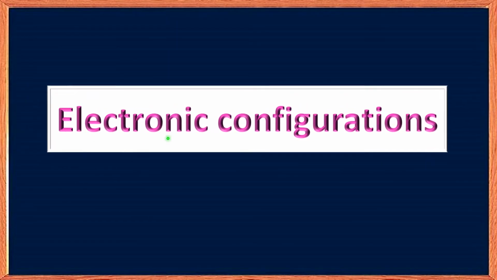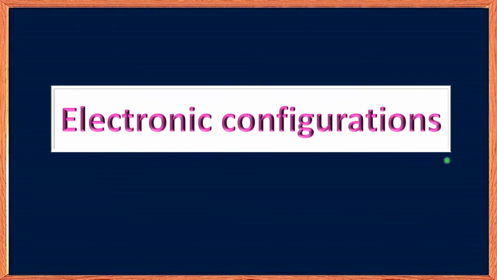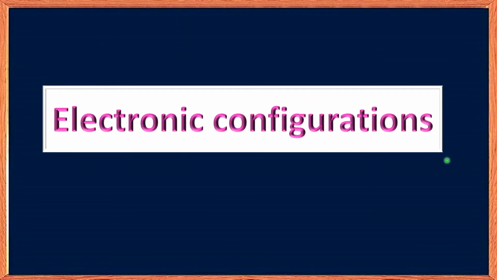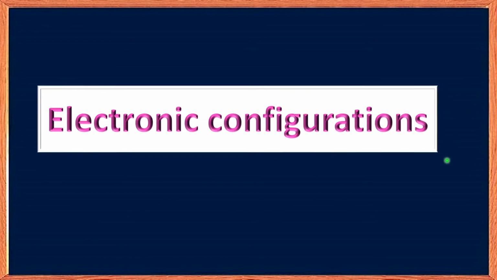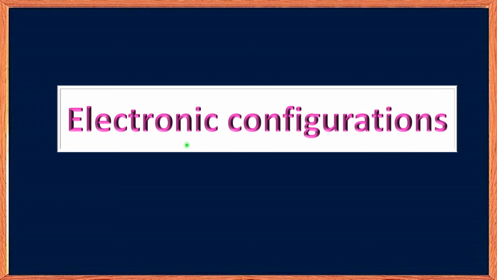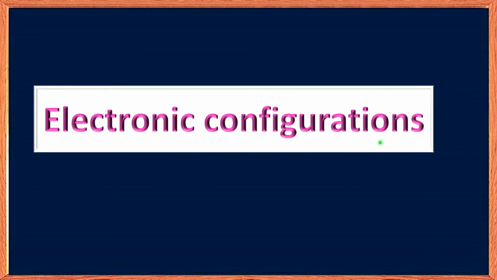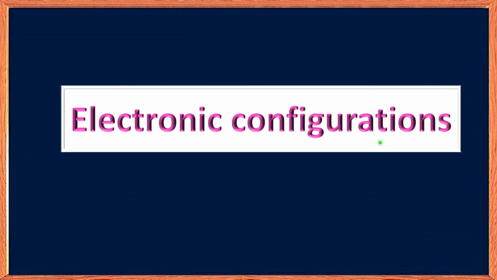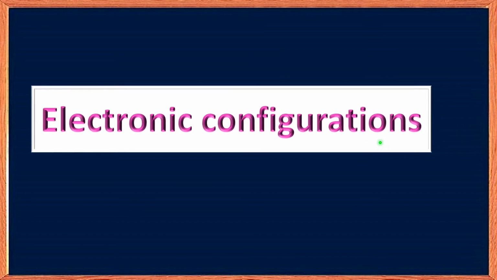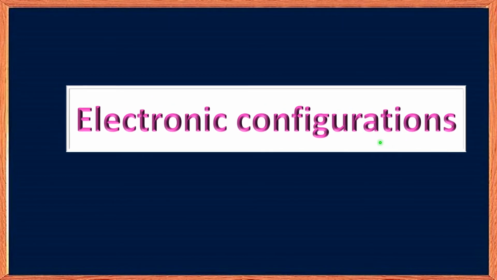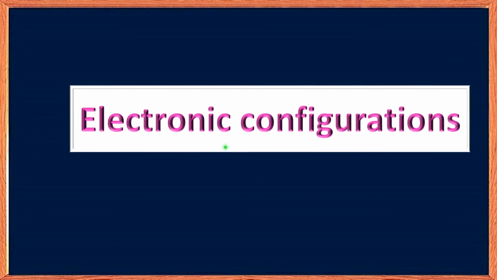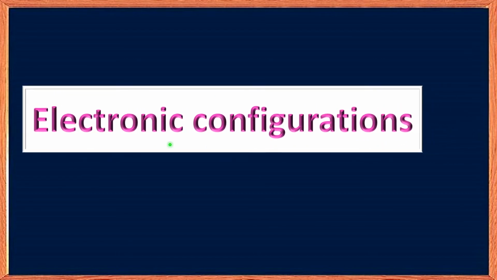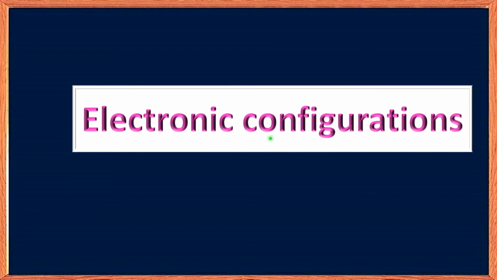Now, what is electronic configuration? The distribution of electrons into orbitals of an atom is called its electronic configuration. If one keeps in mind the basic rules which govern the filling of different atomic orbitals, the electronic configurations of different atoms can be written very easily.